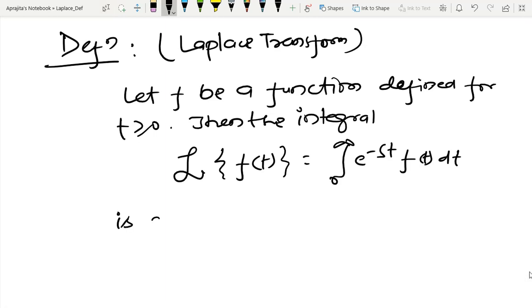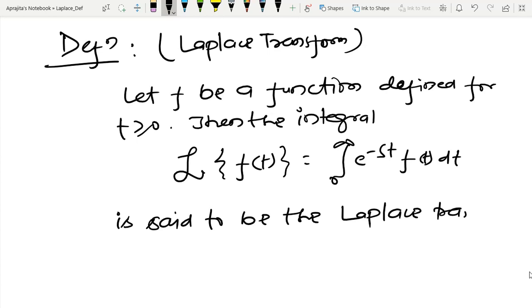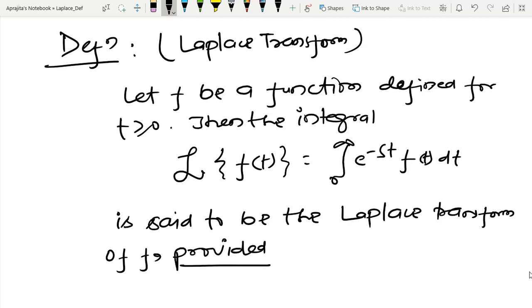is said to be the Laplace transform of f. This is not always called the Laplace transform. It will be called the Laplace transform only provided that the integral converges.